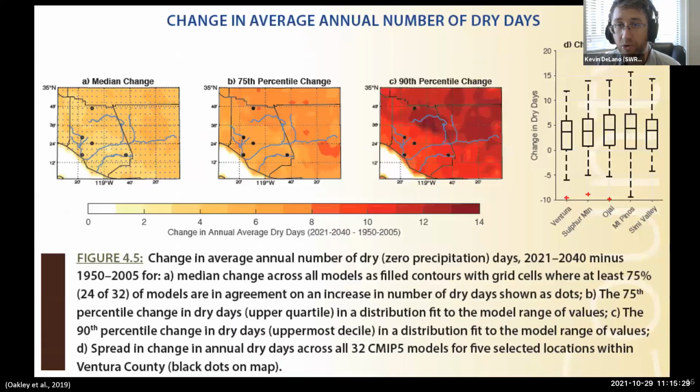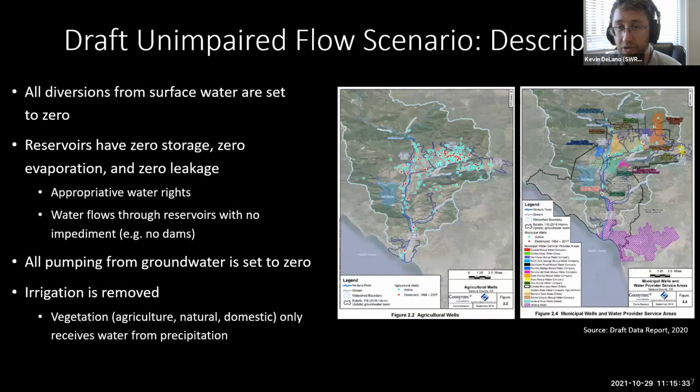So as a review or a summary, our first scenario is going to evaluate unimpaired flow, where there's no human use of water in the watershed. The idea here is to determine and understand how much water is available to be put to human and ecosystem beneficial uses.